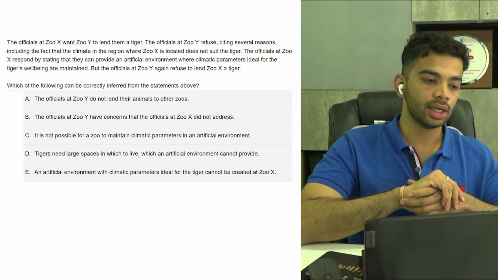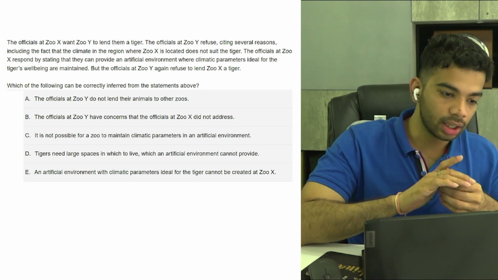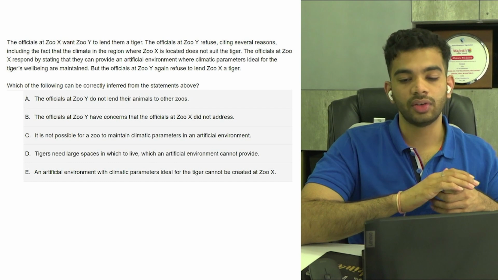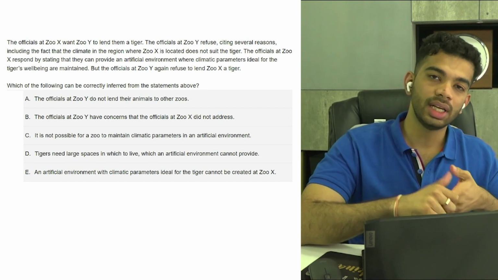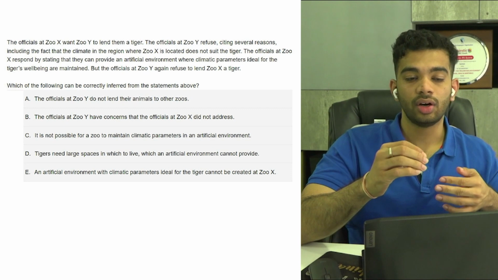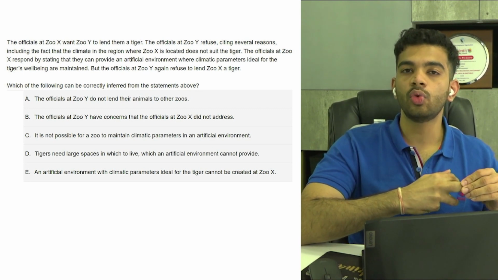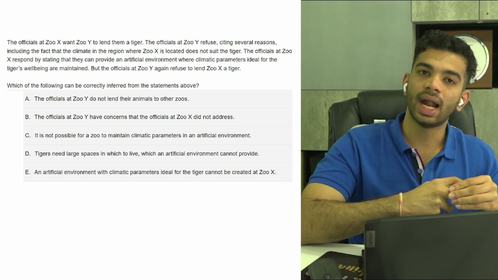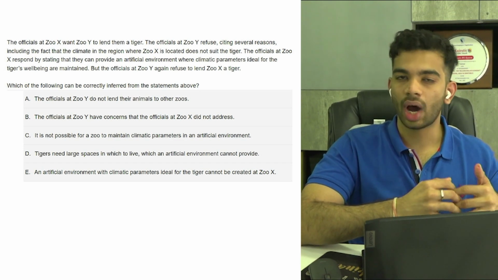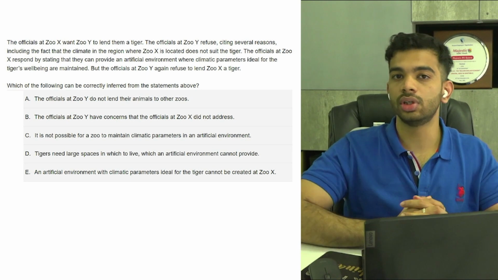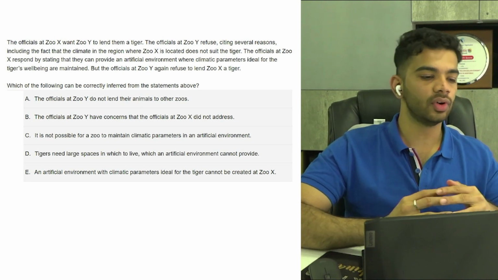Next, the third one: it is not possible for a zoo to maintain climatic parameters in an artificial environment. Nowhere is it mentioned that this is not possible. In addition to that, we cannot even infer this based on the statements given because we do not know what exactly were the concerns that the officials at Zoo Y were facing, because of which they refused the request of Zoo X. So we cannot directly infer this statement.